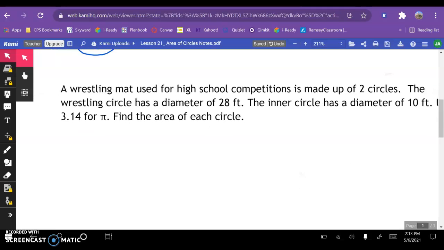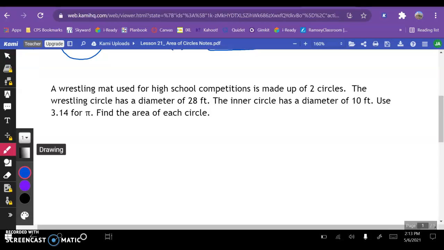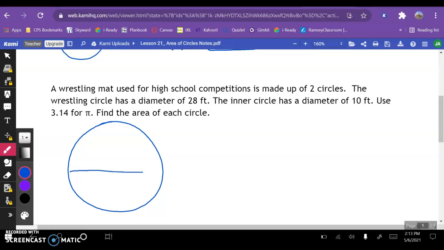All right, the next one says a wrestling mat used for high school competitions is made up of 2 circles. The wrestling circle has a diameter of 28 feet, and the inner circle has a diameter of 10 feet. Use 3.14 for pi and find the area of each circle. So the first circle, the whole mat, has a diameter of 28.